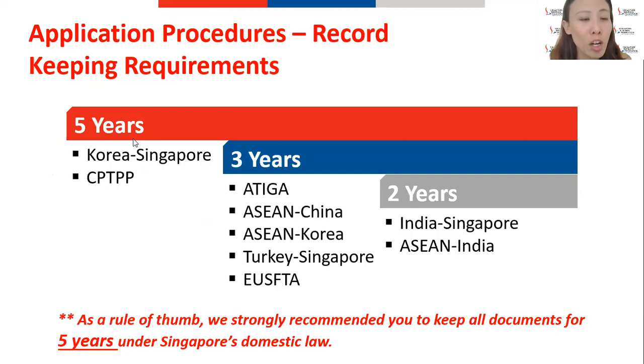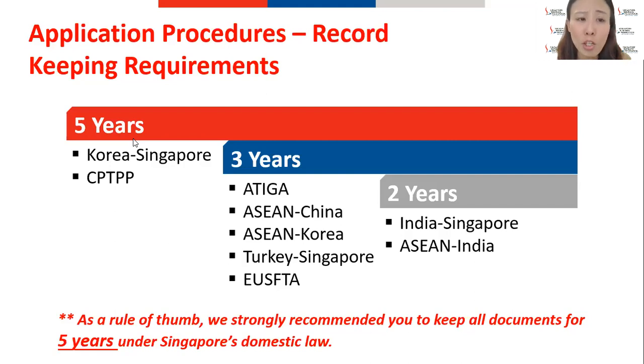Next, we move on to record-keeping requirements. Within each FTA, it also stipulates the number of years the relevant documents must be retained. These are documents such as your manufacturing process, costing, and other supporting documents related to the goods exported under the FTA.